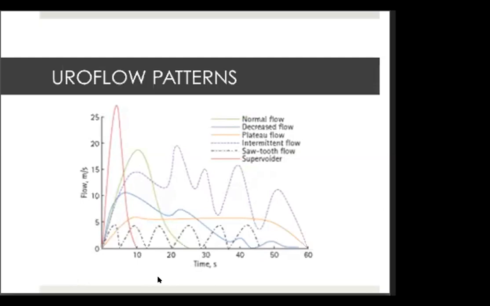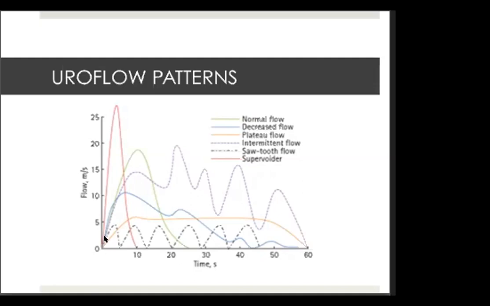So significantly decrease yung Qmax niya. So most probably less than 15 ml per second, it cannot be used to distinguish between bladder outlet obstruction or impaired detrusor contractility. So kailangan pa rin natin mag-urodynamics.